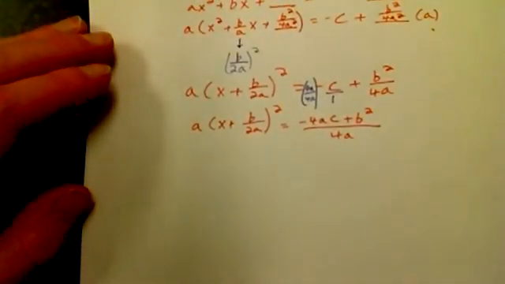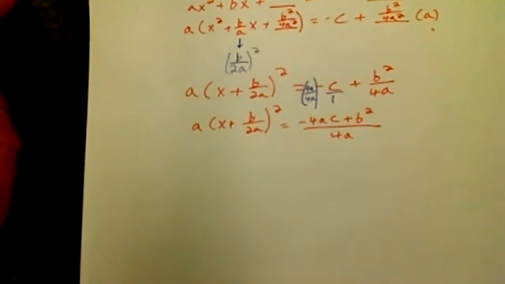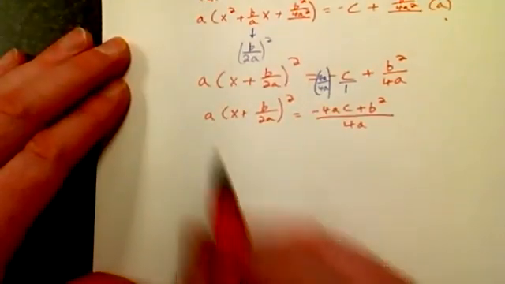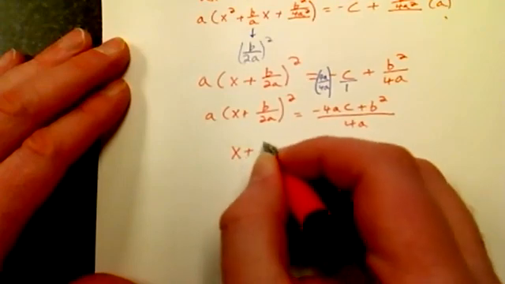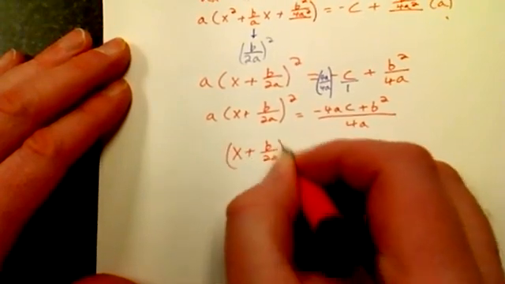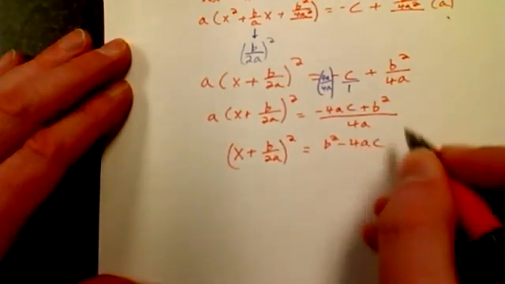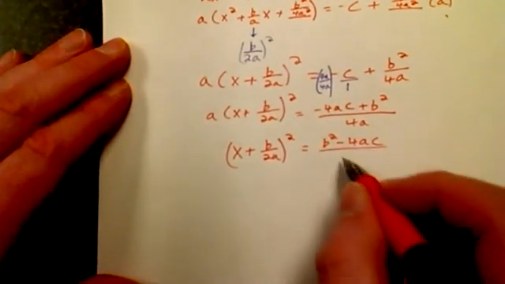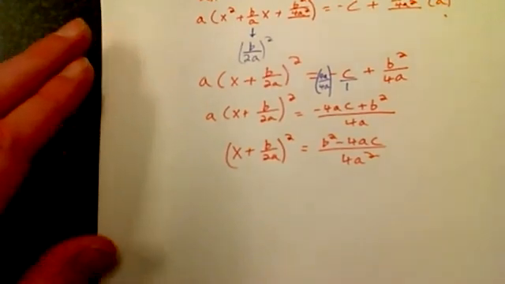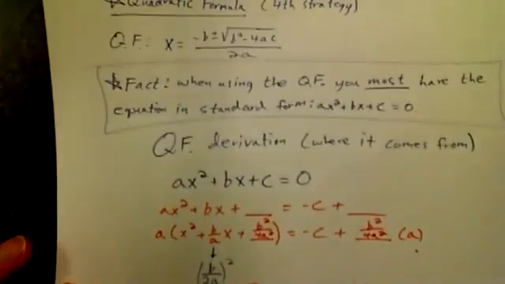But I also have to divide both sides by a to get rid of that pesky a. So x plus b over 2a squared is equal to b squared minus 4ac, all over 4a squared. And if you look at it, b squared minus 4ac is starting to look like how I want it.